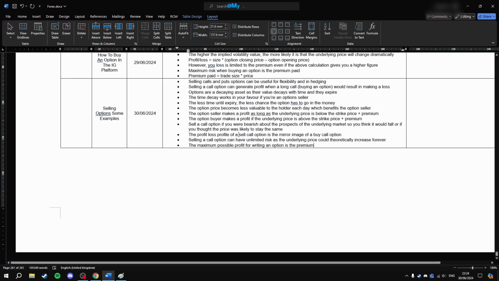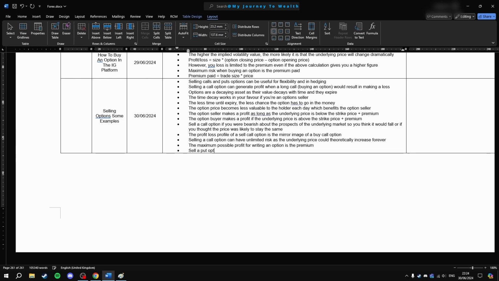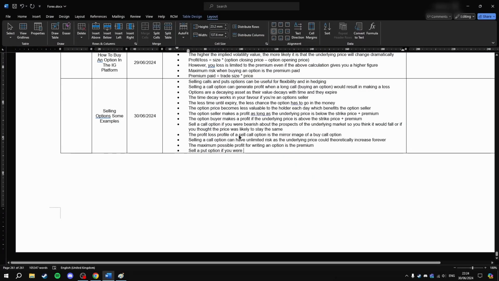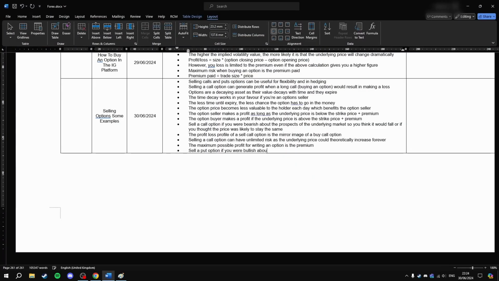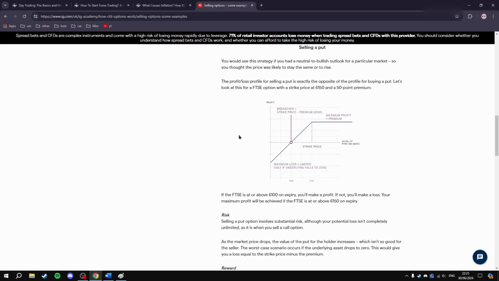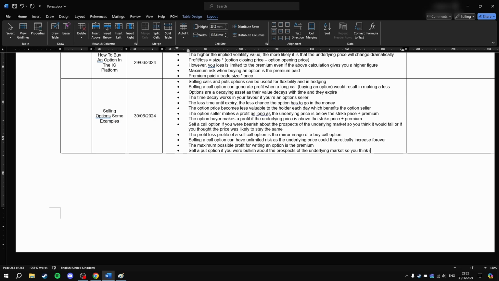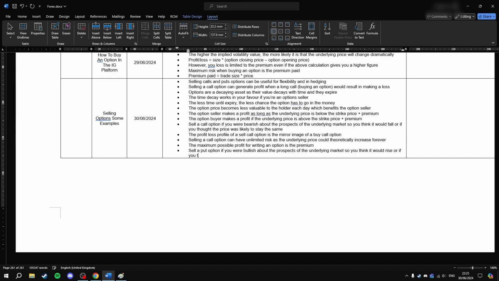Selling a put. Sell a put option if you were bullish about the prospects of the underlying market, so you think it would rise, or if you thought the price was likely to stay the same.